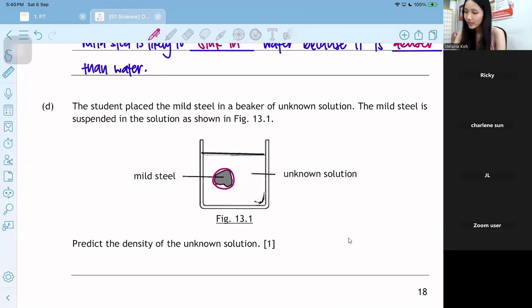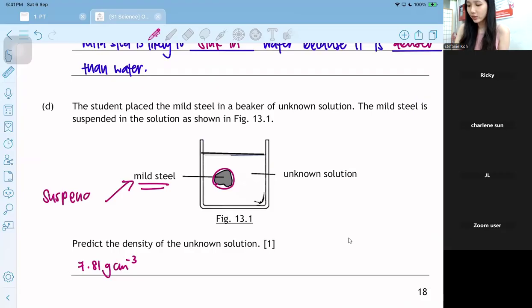Okay, so how much? This solution will have the same density as your metal still, which is 7.81 grams per cm cube. Okay, so write it down at the side. Suspended in the solution equals the same density.